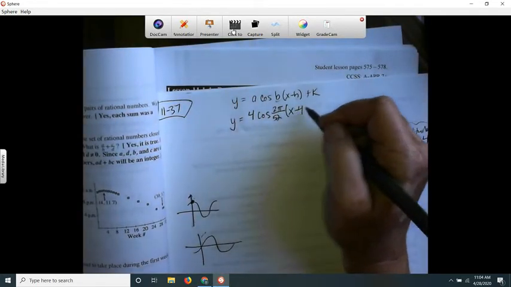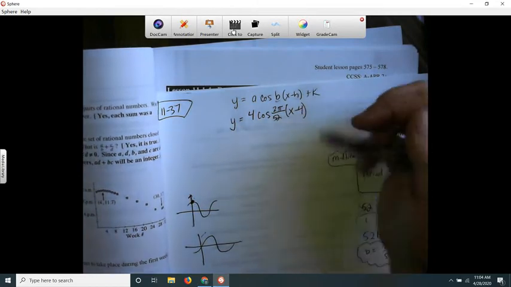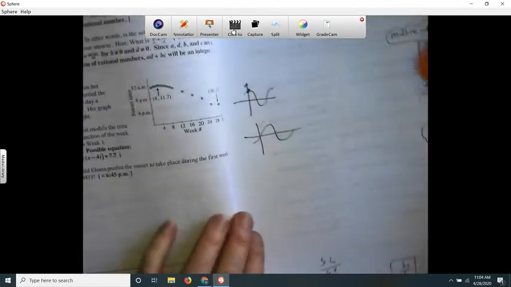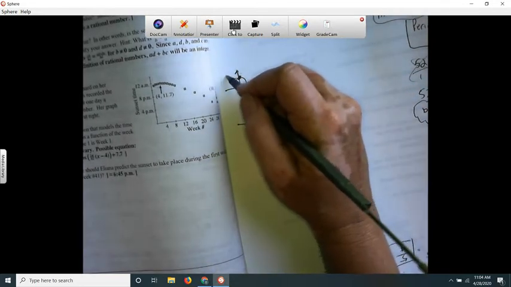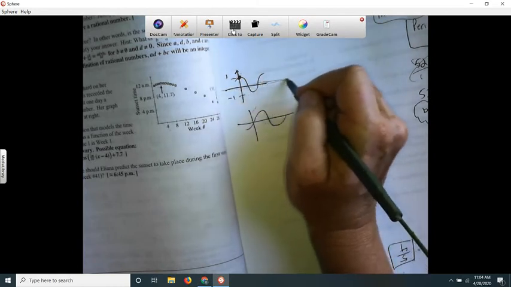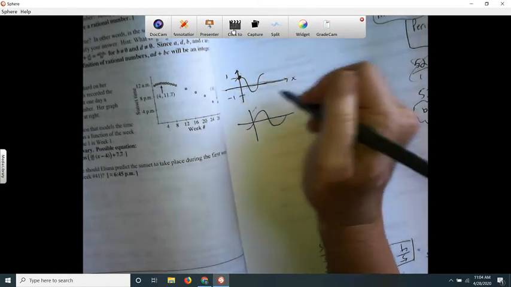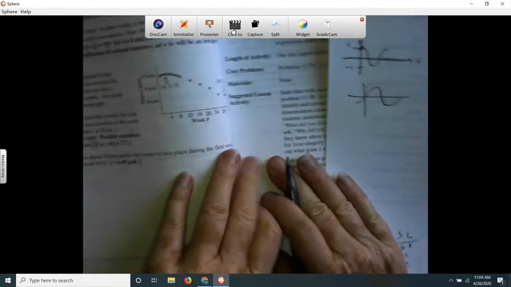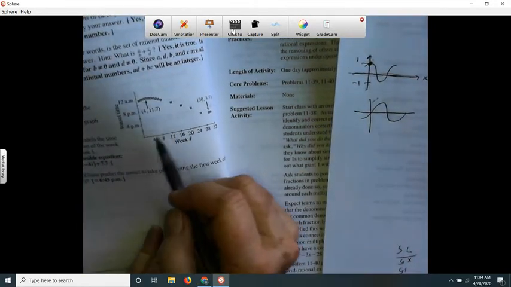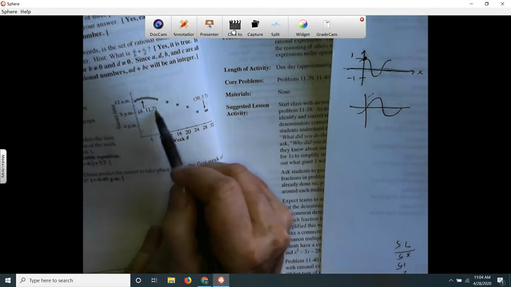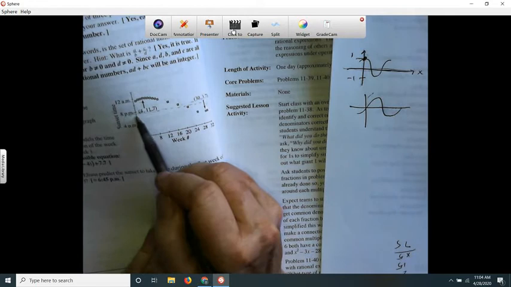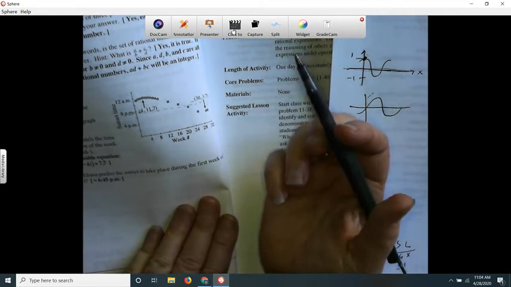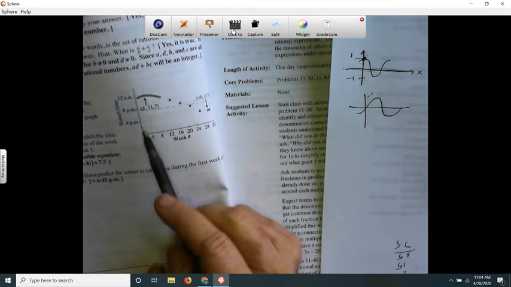And then k is the vertical shift. Normally for the cosine function, the high is +1 and the low is -1, and the midline is usually just the x-axis. But we can see that this one's midline is somewhere up in here. So what is that midline? Well, it's something a little bit less than 8.